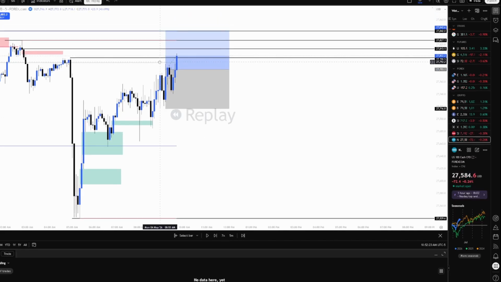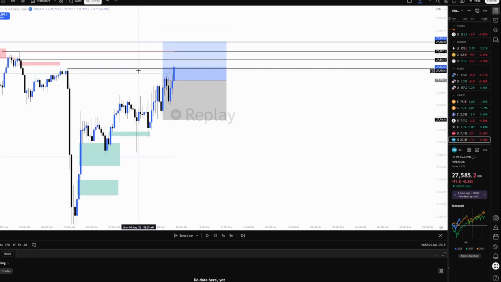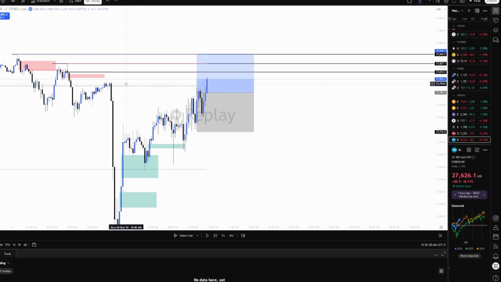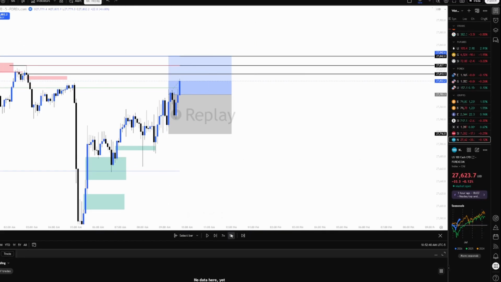I'm like, all right, I kind of just got to maximize profit here instead of going for it all the way up here because we're kind of forming a bearish SMT right now. So I hit that partials. I think I only sold like one contract there. I'm still in it.